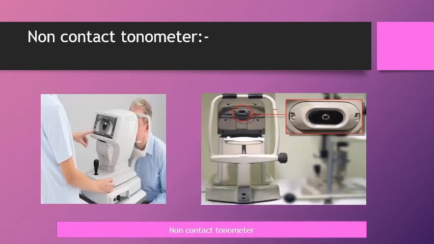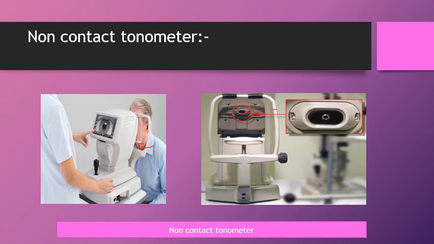The next method of measurement of IOP is the non-contact tonometer, which is present in our OPD. As soon as the patient comes, we ask him to sit and place his chin on the chin rest on the patient side. This part projects toward the patient's cornea, from where a puff of air comes onto the cornea.